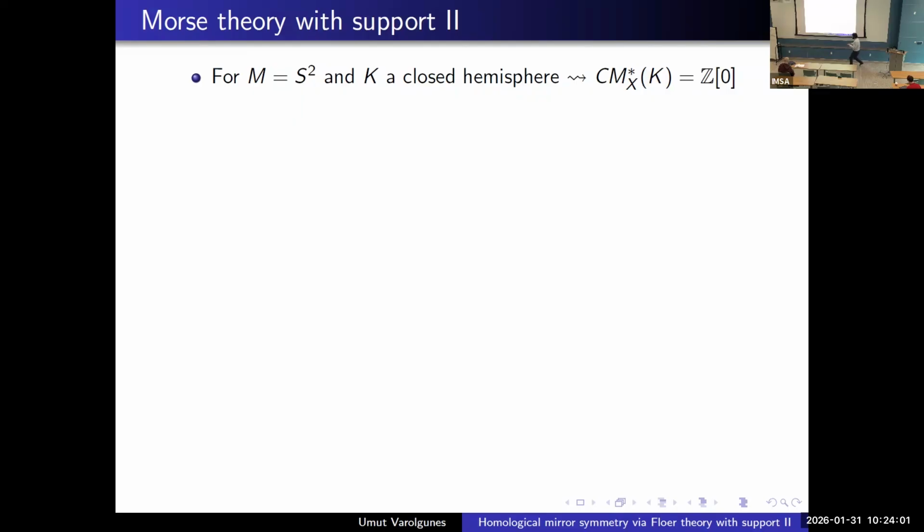You can think of constructing a sequence of functions which are 0 on the disk and increase toward the top until they become flat. They have a degree 0 generator in the compact subset and a degree 2 generator outside of it. The continuation maps send the degree 0 generator to the degree 0 generator and the degree 2 generator to the degree 2 generator.